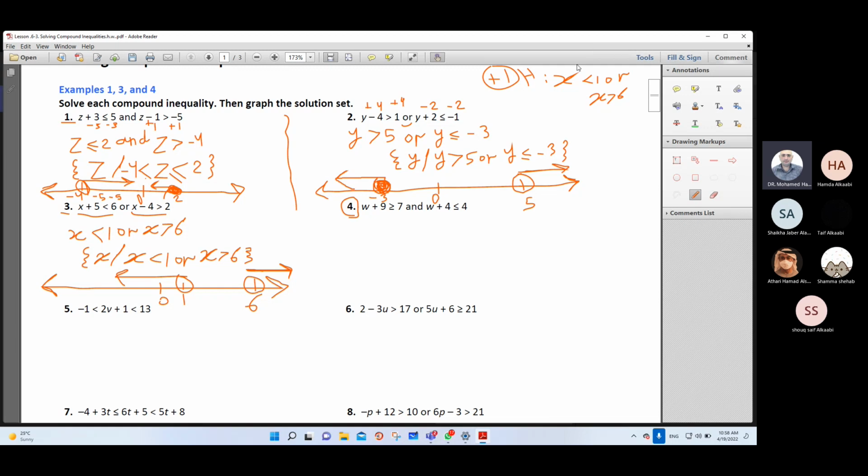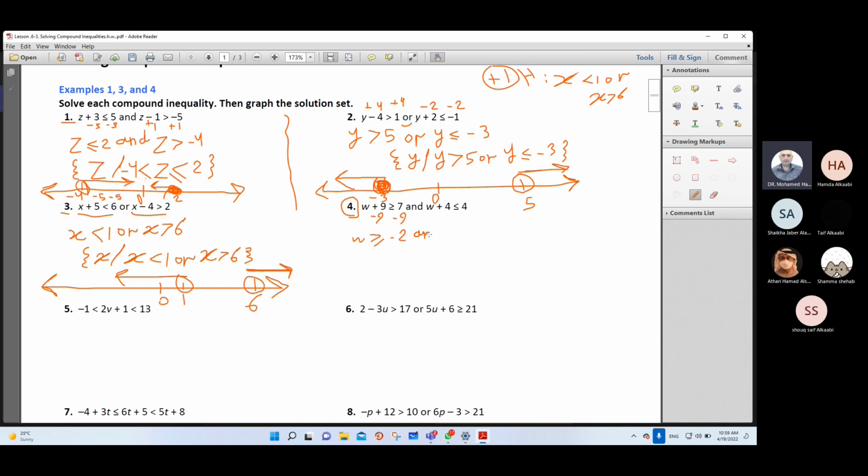Okay, check with me, please. Here, we want to remove 9 from this side, so we can subtract 9 here and subtract 9 here. So plus 9 and minus 9, 0. So W greater than or equal 7 minus 9 will be minus 2.